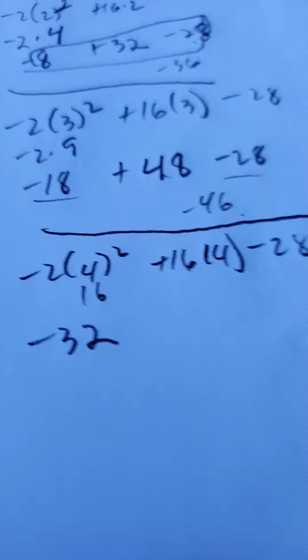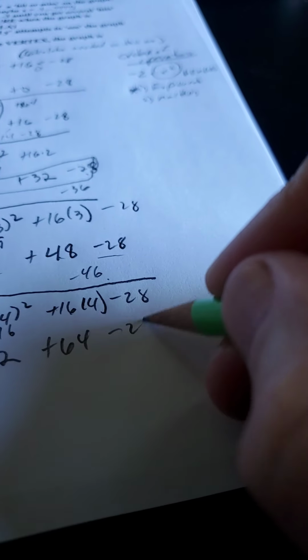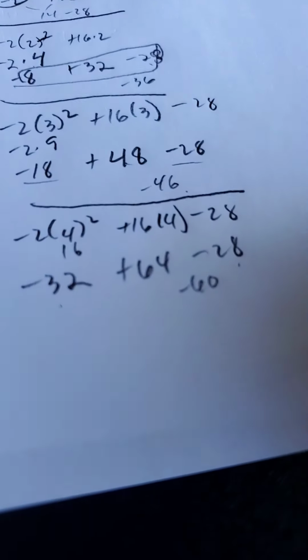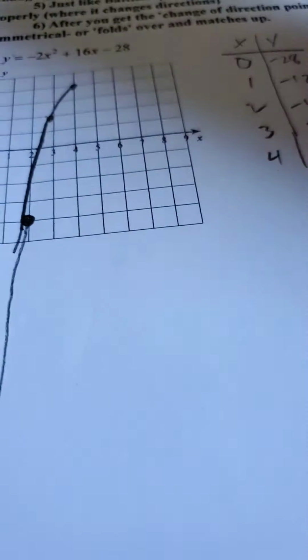Times negative 2 is negative 32 for that term. 16 times 4 is positive 64. And don't forget your negative 28. I'm going to combine the two negatives together. That gives me negative 60. And a positive 64 is a positive 4. So when x is 4, y is 4. So it still hasn't changed directions yet, but it's starting to curve more.